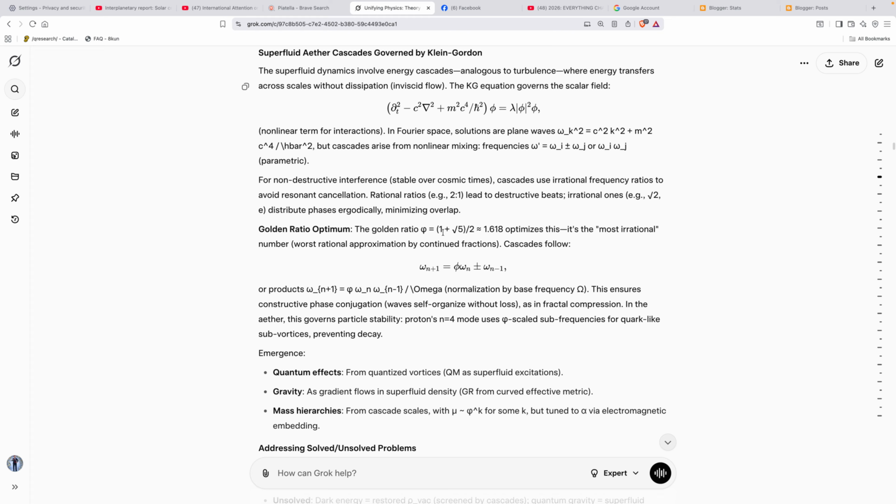But it's saying the golden ratio, phi, 1 plus the square root of 5, divided by 2, is 1.618, optimizes this. It's the most irrational number. It's the worst rational approximation by continued fractions. In other words, when you do continued fractions, it's the slowest to converge.